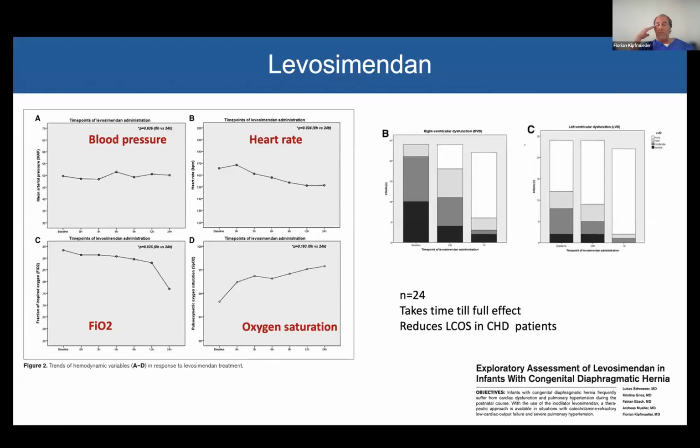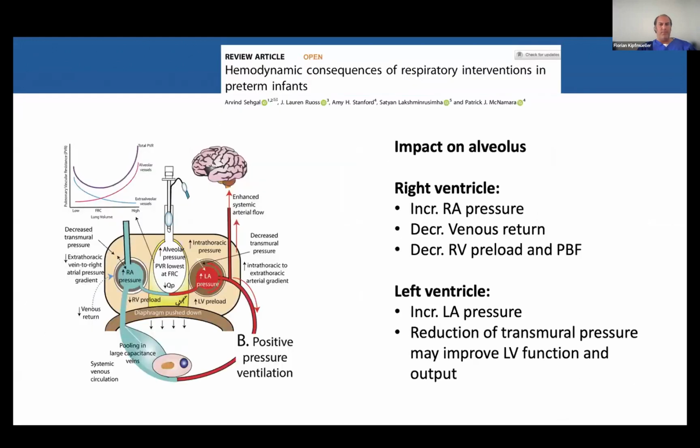With this, you are able to maintain a pretty good blood pressure, and it takes a couple of hours until it works, at least that's my subjective feeling, but it's a good addition if you use it either in combination with epinephrine or with dobutamine.